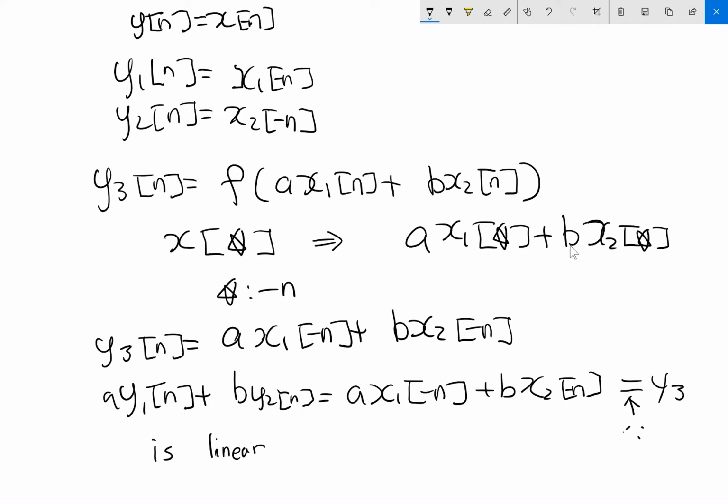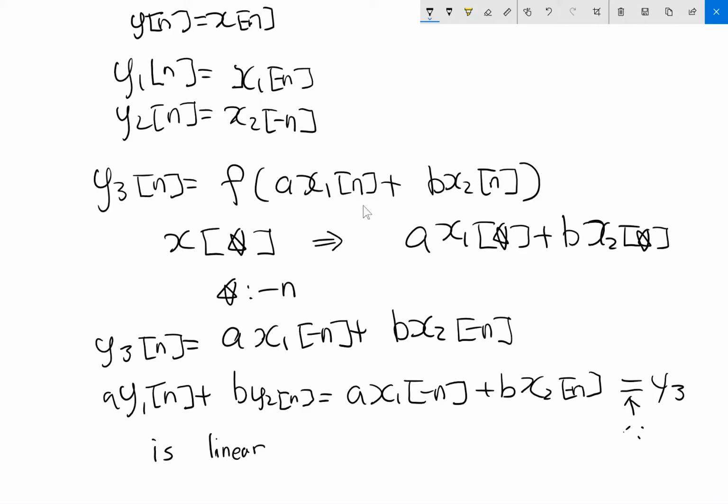Question? For the first y3, should that be f of a x1 of negative n? You mean f inside f? Yeah, shouldn't it be negative n here? No, because this is the definition.